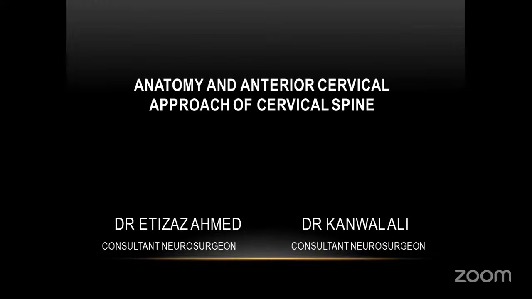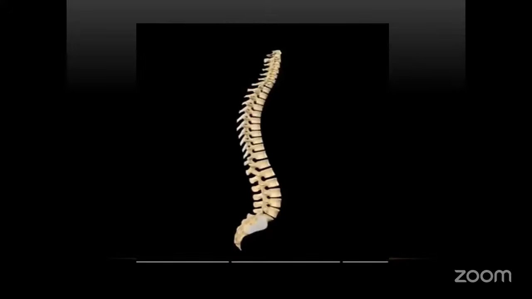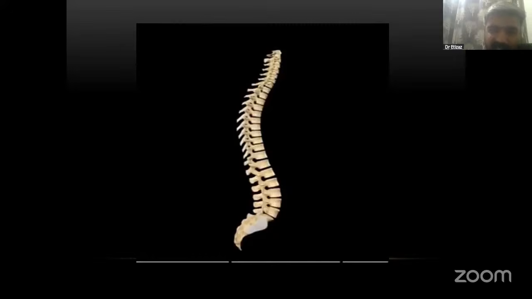So let's start. Today we have the anatomy of the cervical spine, and then we will switch to the surgical approach, the anterior surgical approach to the cervical spine. Look here, this is the whole spine from cervical to sacral and coccyx.